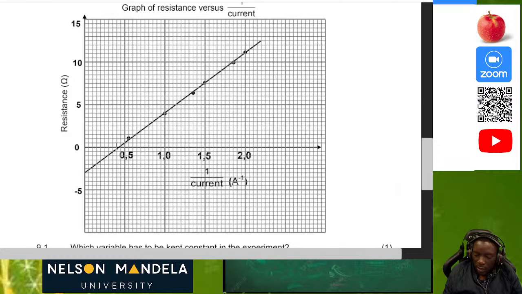So we said EMF equals the gradient, and E equals y2 minus y1 over x2 minus x1. y2, the top value for y, is 12.5. Let me confirm again. Yes, 11, 12, 12.5. 12.5 minus y1. y1, we're using the point along the x-axis, which is y equals 0.